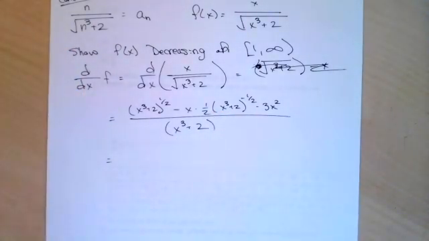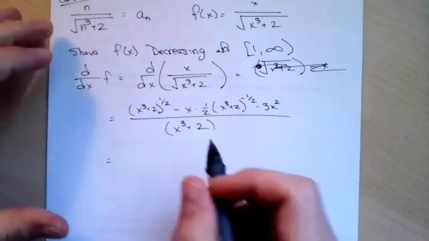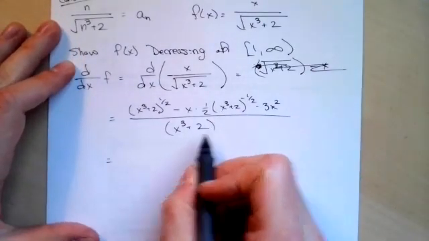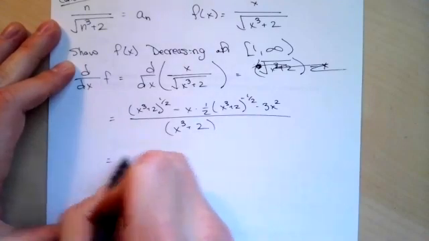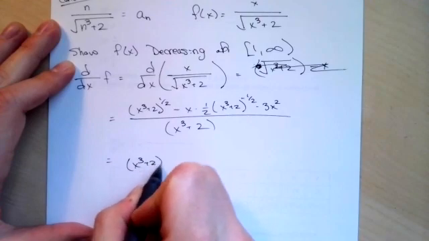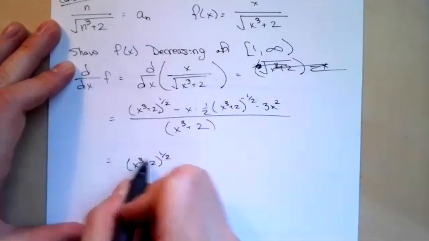And we do have a difference in the numerator, which makes things a little bit of a pain. So what we're going to do is factor out (x cubed plus 2) to the minus 1/2. So that's going to be (x cubed plus 2) to the 1/2 in the denominator.